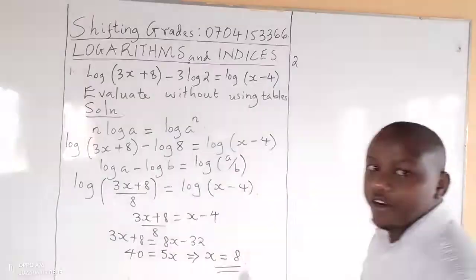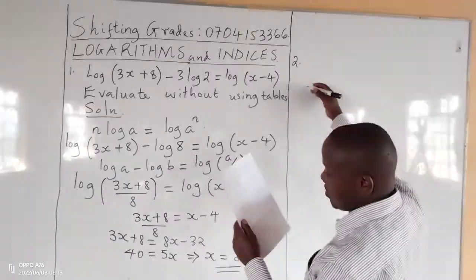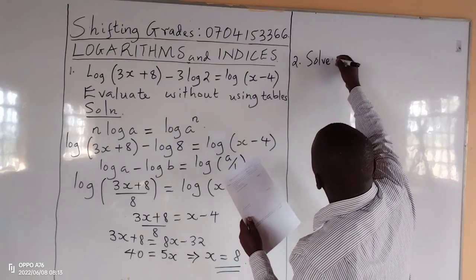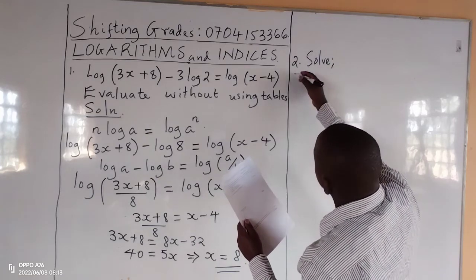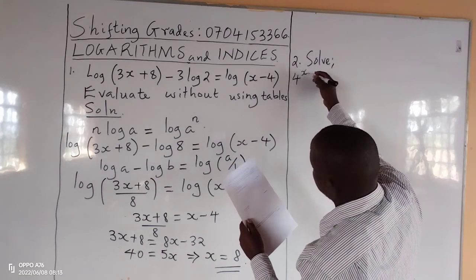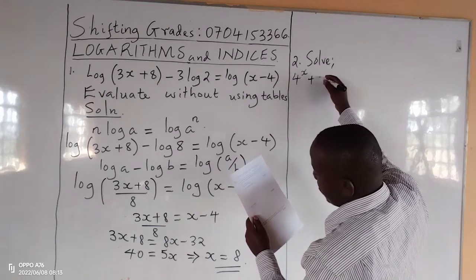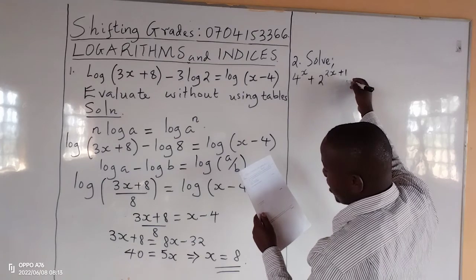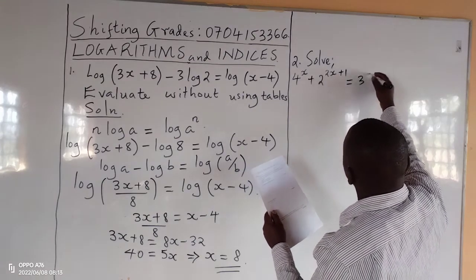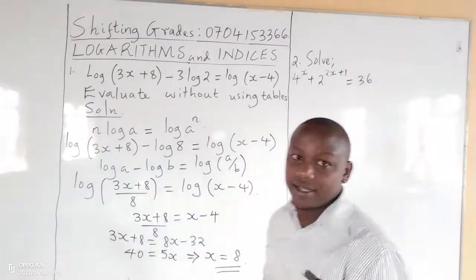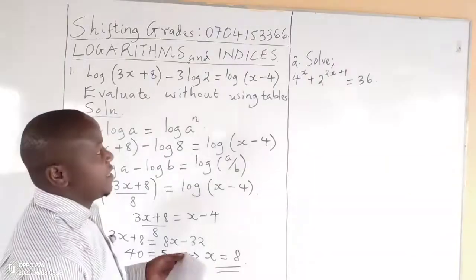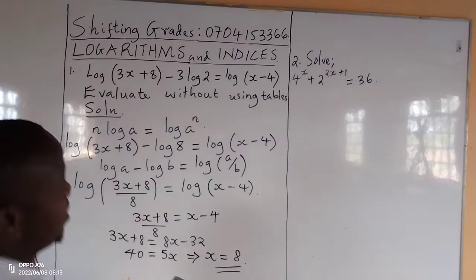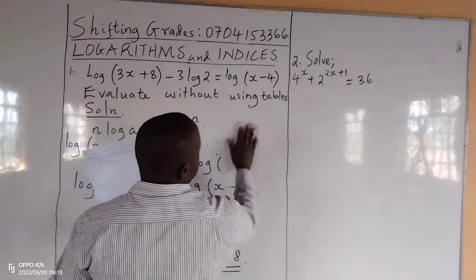We can write the equation, which says solve the equation 4 power x plus 2 raised to 2x plus 1 equals 36. It is very important, first of all, to remind ourselves of some laws of indices.